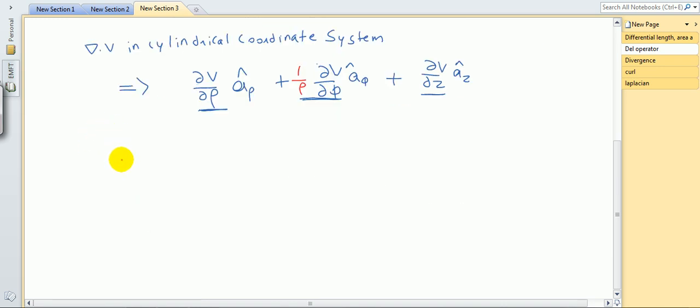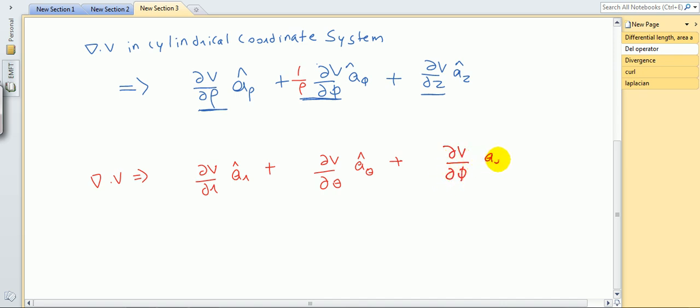Now I can write this in the spherical coordinate system. In spherical coordinates, del V will be del V by del r ar cap plus del V by del theta a theta cap plus del V by del phi a phi cap.